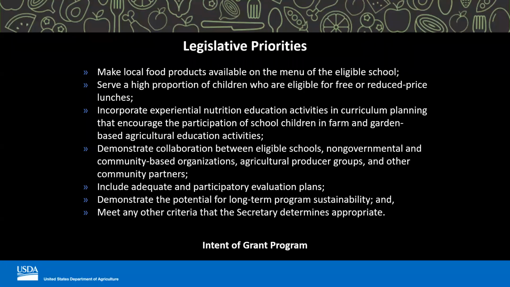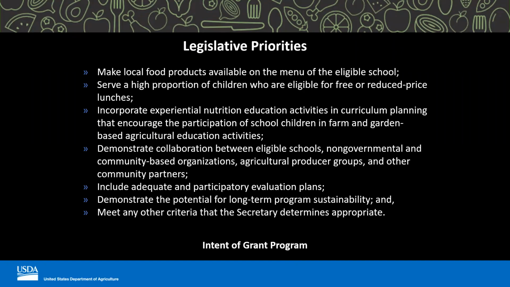The National School Lunch Act highlights several areas of focus. The Secretary of Agriculture is directed through the NSLA to ensure geographical diversity and equitable treatment of urban, rural, and tribal communities in the distribution of grant awards, giving the highest priority to projects that emphasize legislative priorities.